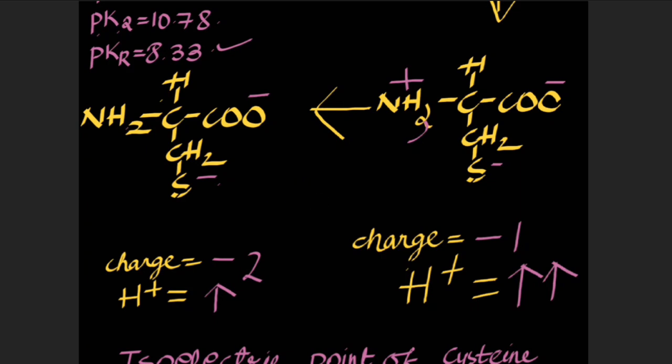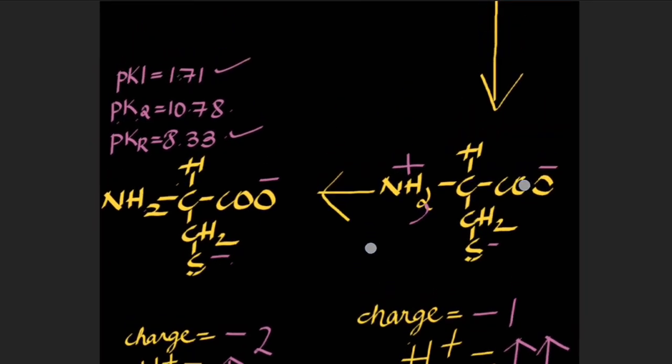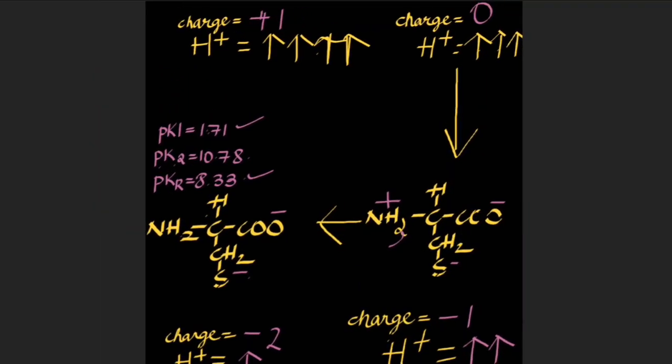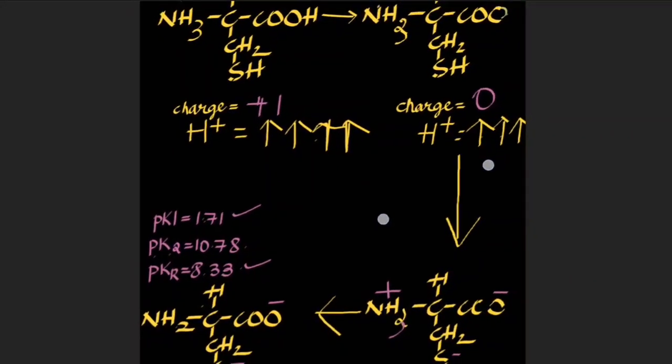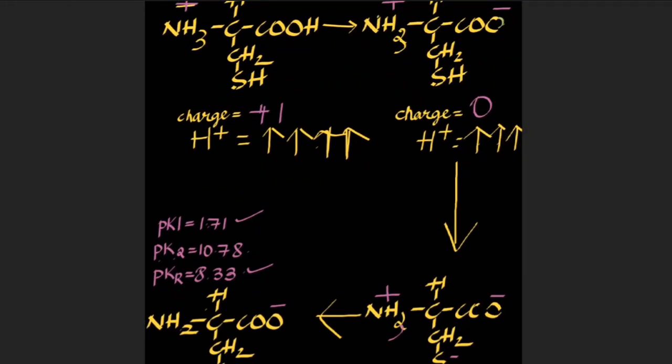Okay, so we understood how to draw the isoelectric pKr, pK2, pK1 values, right? So now we are going to calculate the isoelectric point of cysteine. Whenever we talk about the isoelectric point, we take the two values which are right and left of the Zwitter ion.